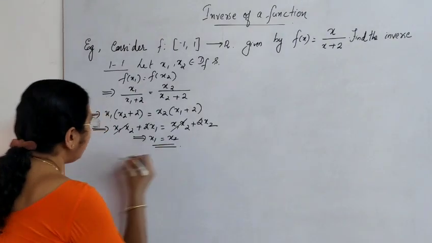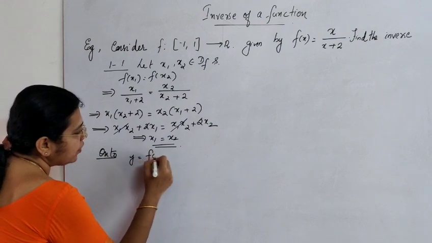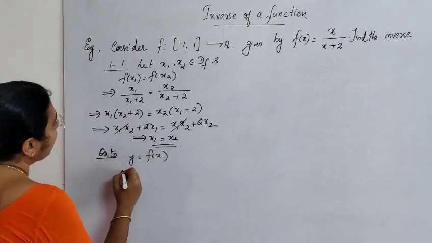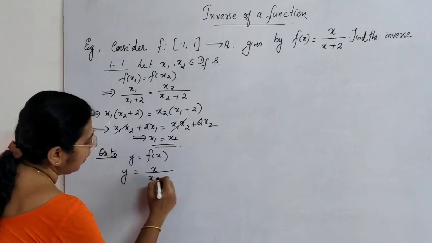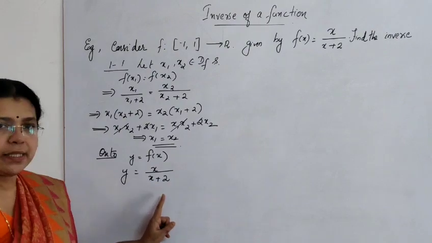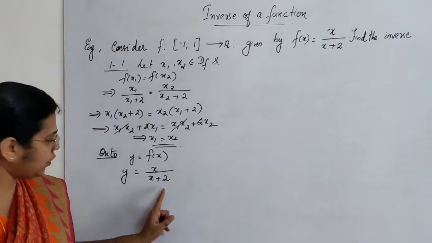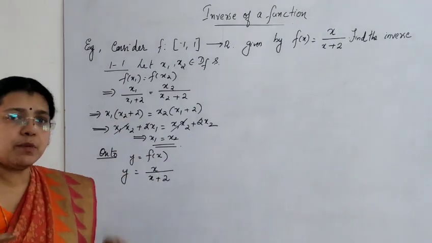Now to check for onto. I know y = f(x), that is, y = x/(x+2). Now I express x in terms of y.